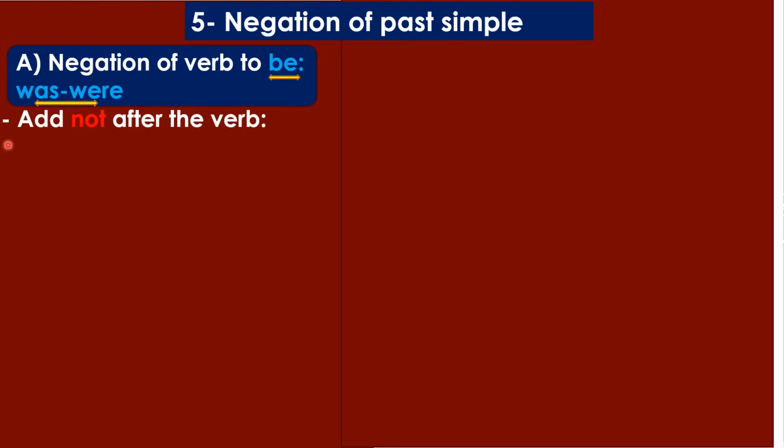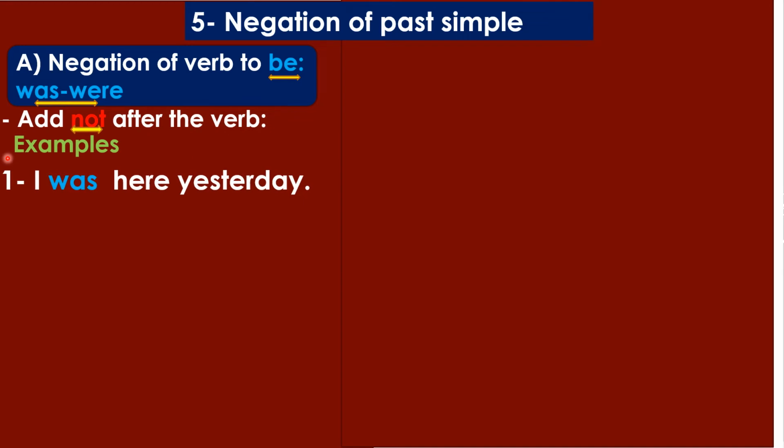Okay. Add not after the verb. So this is what we're going to do. Just add not after the verb to be, after was and were. هنضيف not بعد was were. So this is what we're going to do, adding not after the verb. So let's have a look at some examples.